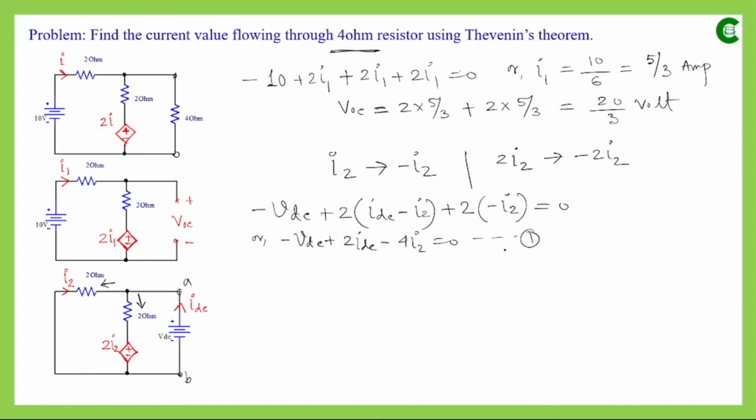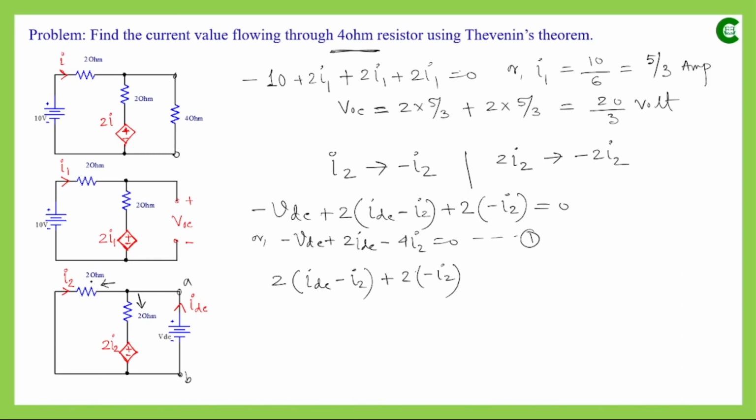And then if we apply KVL in this loop, and suppose we start traversing from this point, the equation we get is 2 across this resistor. The voltage drop will again be 2 multiplied by IDC minus I2, and again the voltage of this voltage source will be 2I2, and this time I2 itself will be negative.